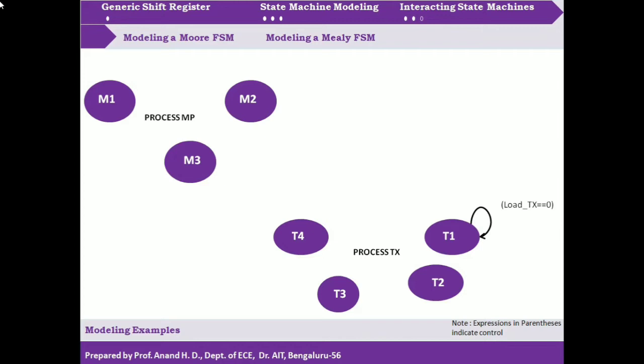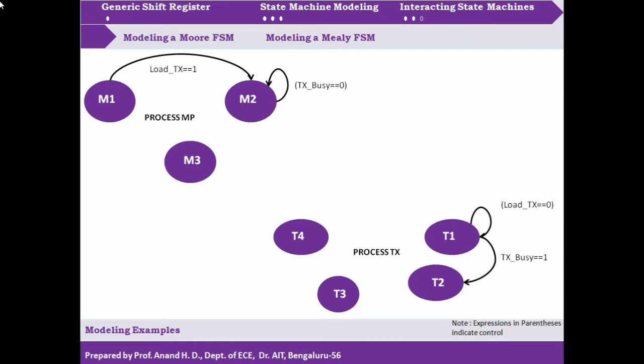Next, when there is a state transition from M1 to M2, load_Tx is made 1. So there will be a state transition from T1 to T2 in process Tx, making this control signal Tx_busy high. Okay.